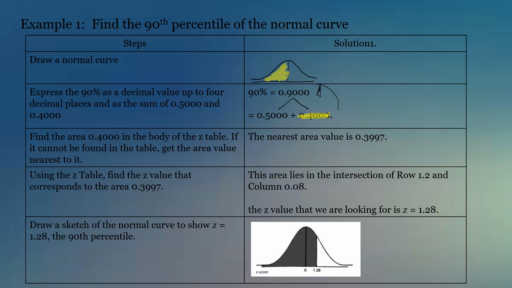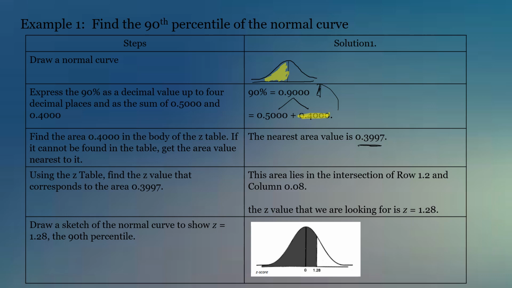Yung ginamit natin na Z table kanina, titignan lang natin doon kung meron bang 0.4000 doon, o kung wala man, yung pinakamalapit na value. So, makikita mong pinakamalapit doon is yung 0.3997.